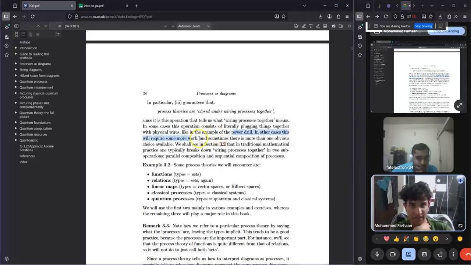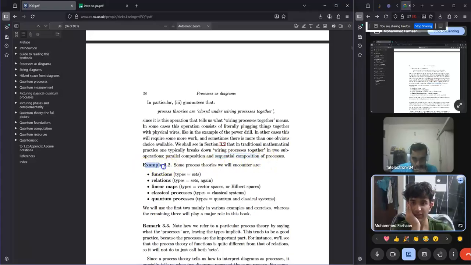In other cases, it'll need more work, and sometimes there is more than one obvious choice available. We shall see in 3.2 that traditional math practice typically breaks down the wiring process into two sub-operations, parallel composition and sequential composition. This is very similar to parallel and series.